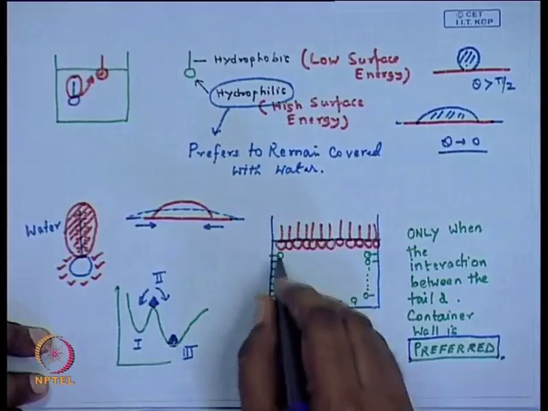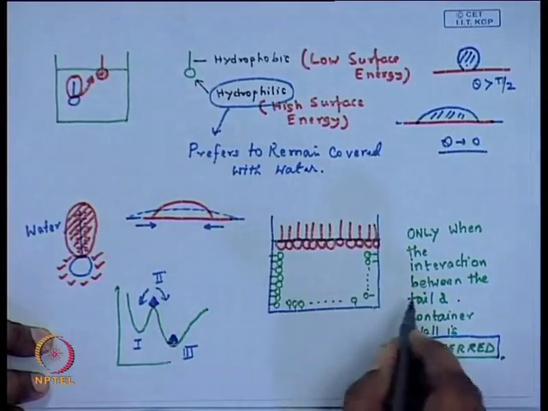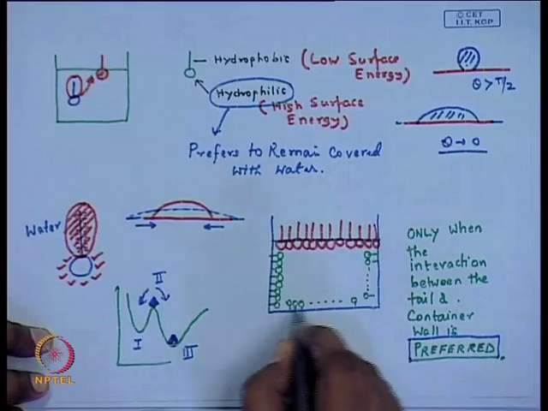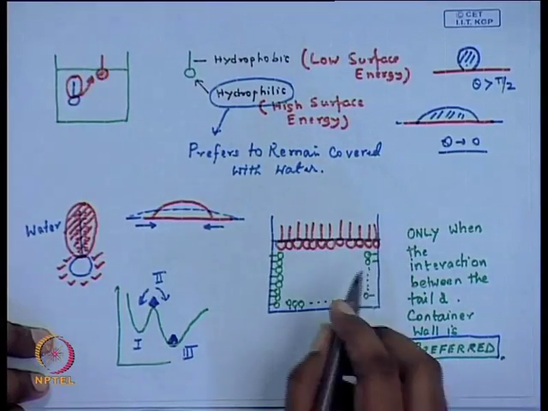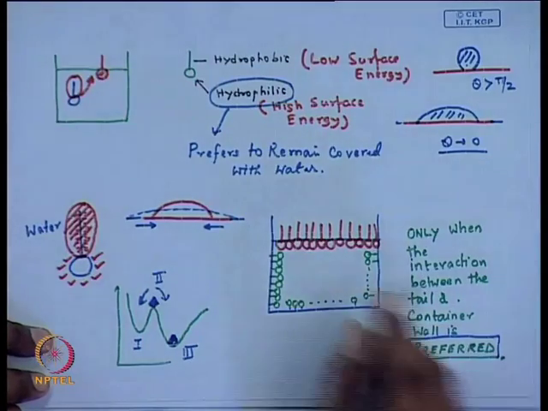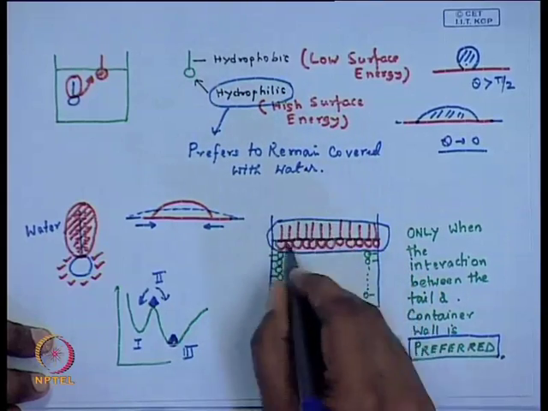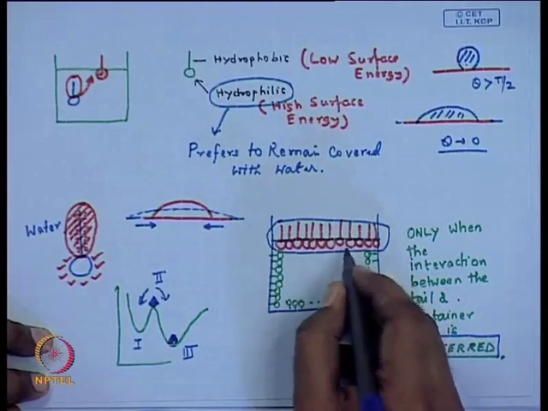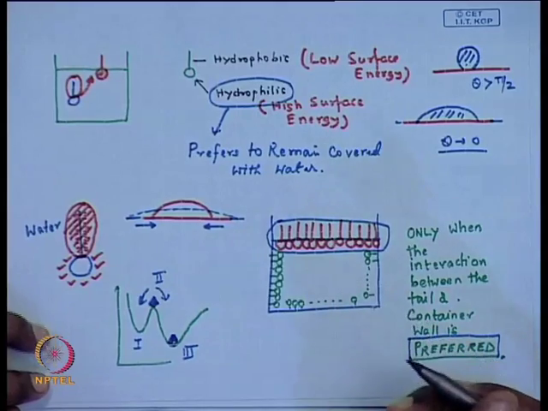So, I repeat, if the container wall has a preferential interaction with the tail group, then the molecules will go here and decorate the surface of the container. But irrespective of what material you are using for your container, this dynamics will indeed occur, because this is entirely dominated by the interaction of the molecules with the liquid here, which is water.